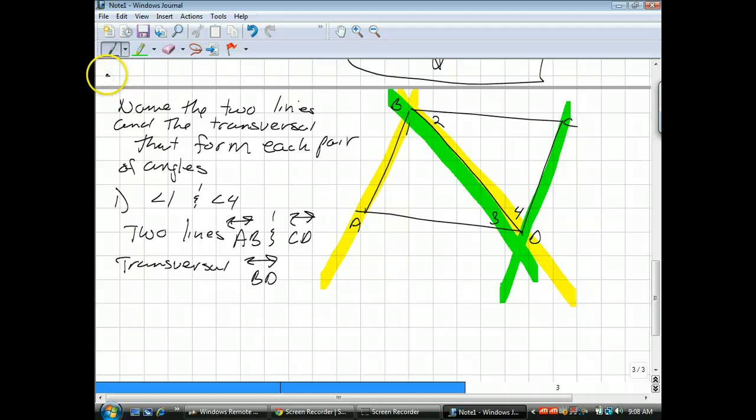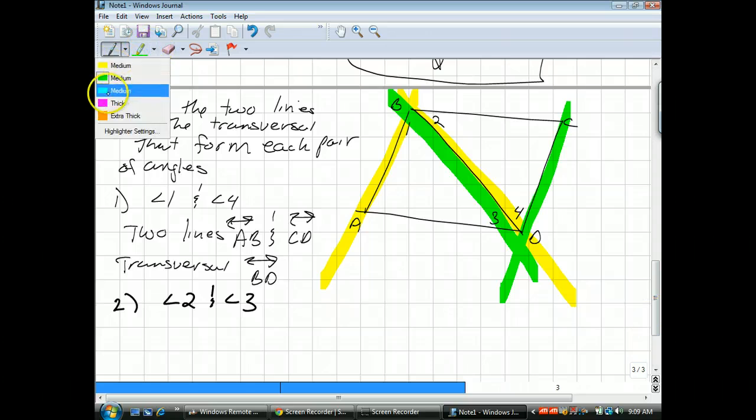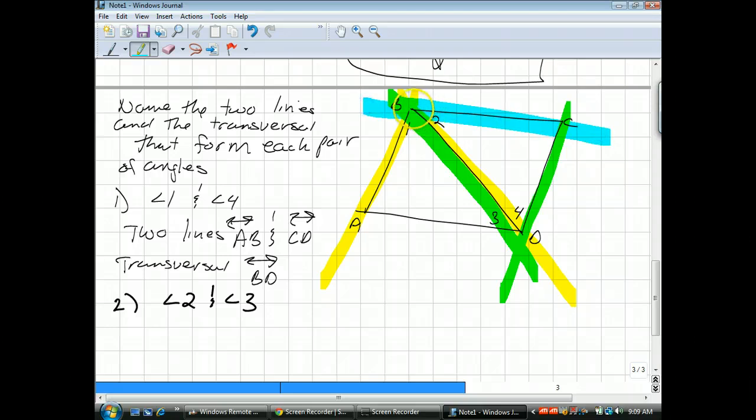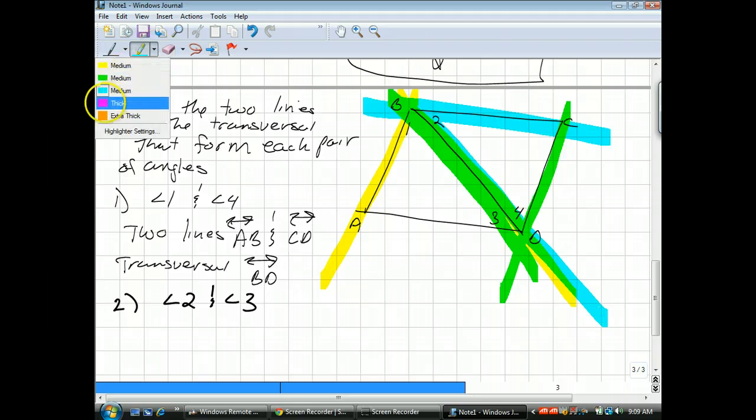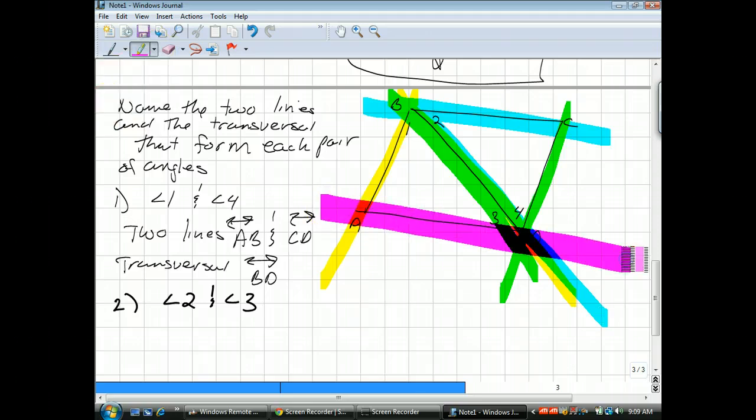How about number 2? How about angle 2 and angle 3? Angle 2 is formed by this line and this line, and angle 3 is formed by this line and this line. So which one do they share? They share, again, line BD.